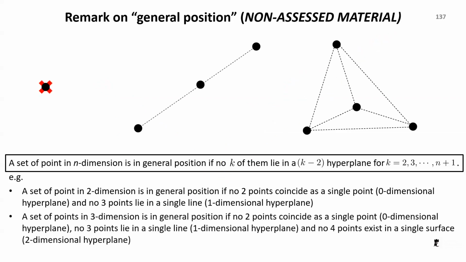In 3 dimensions, we have 3 possible non-generic cases. This is non-generic because points coincide in one. This is non-generic because they lie on a line. This one is not generic because they all lie in a single plane. So I just want you to be aware of the definition of general position.